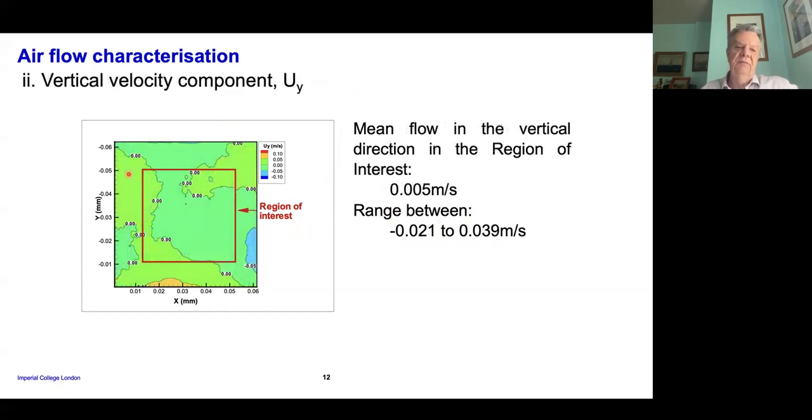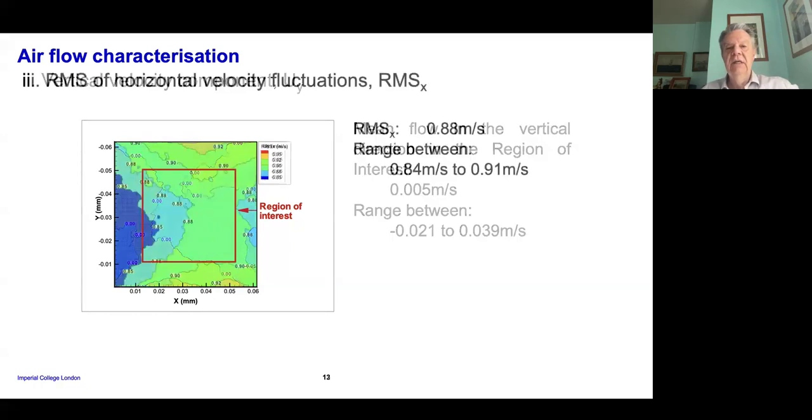Of course, we measure only two components with a laser sheet, but you do see also contours in the background, and you see that really you have 0 velocity over, for sure, this square. But even outside, you do see that the contours show that the mean velocity is 0.